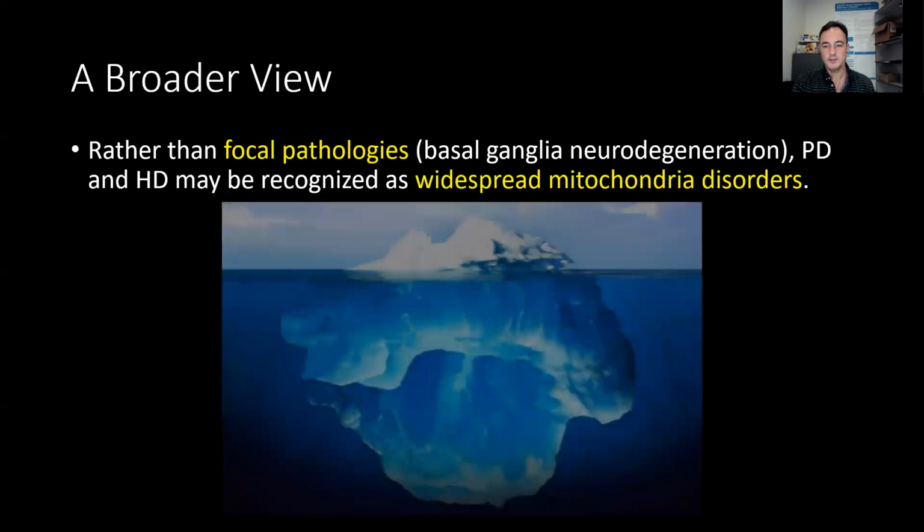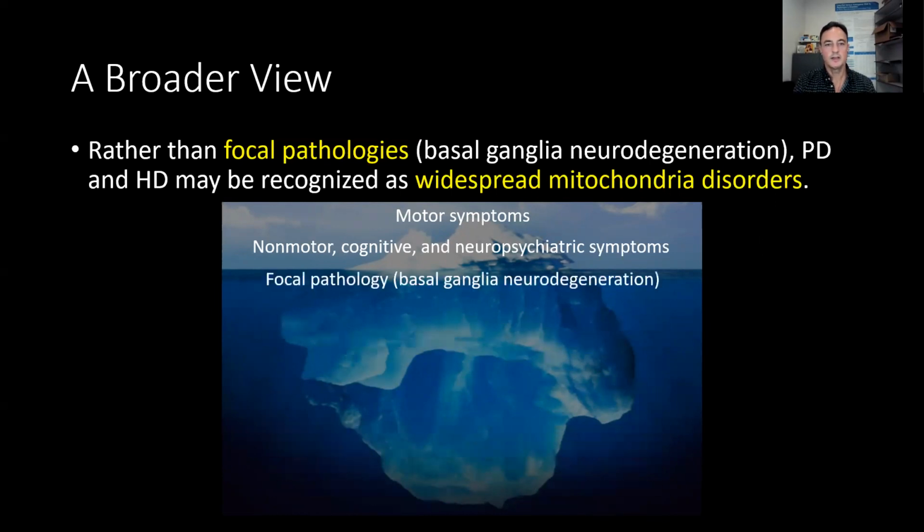So I like icebergs. So let's look at this from an iceberg point of view. It's very clear when we see a patient with one of these two disorders that there are motor symptoms, such as tremor in Parkinson's, such as chorea in Huntington's. If you look a little deeper, you will see the non-motor symptoms. So mood disorders, sleep disorders, and so on in Parkinson's, cognitive and neuropsychiatric problems in Huntington's. If you go just beneath the water, so you're starting to pierce the water, yes, there is focal pathology, basal ganglia neurodegeneration.